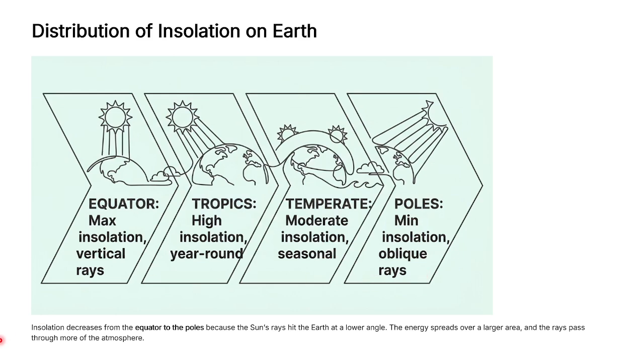Insolation decreases from the equator to the poles because the sun rays hit the earth at a large angle. The energy spreads over a large area and the rays pass through more of the atmosphere.